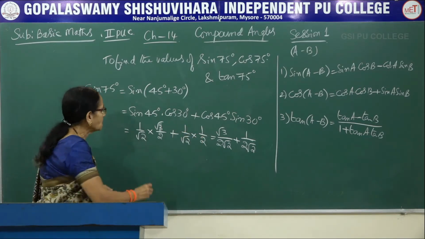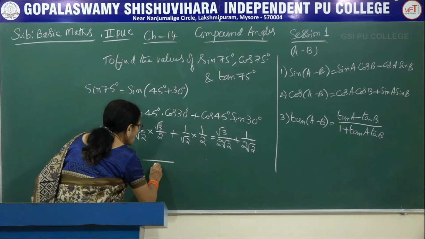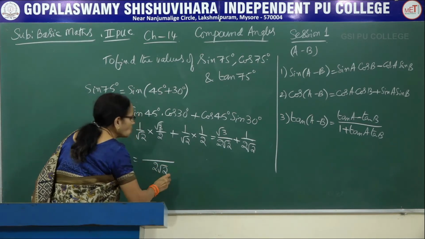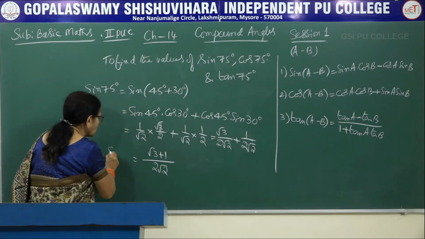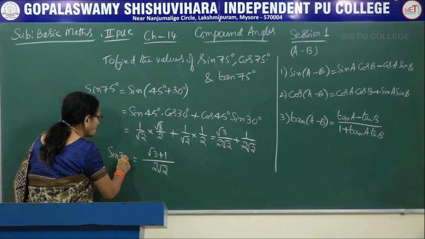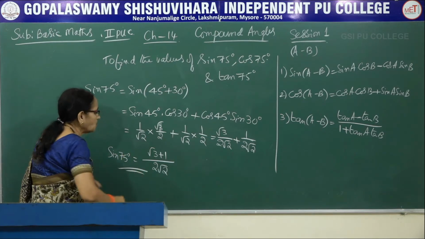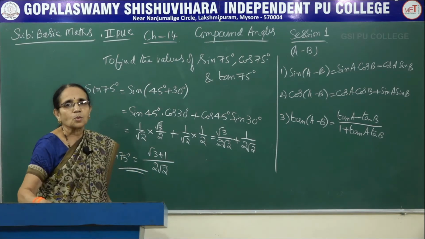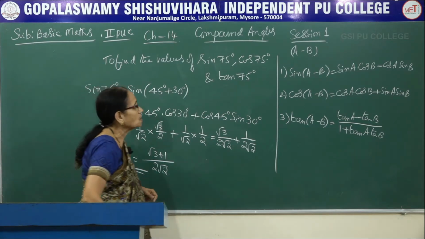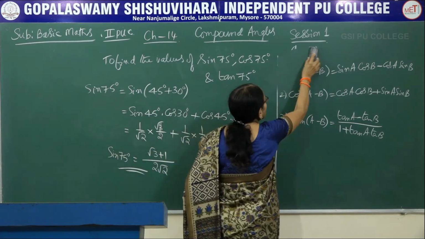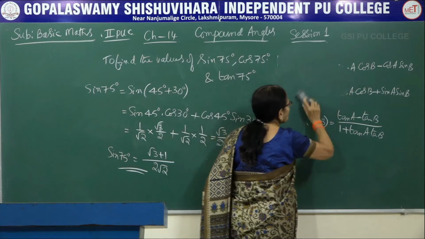Now look here. This can be written as root 3 divided by 2 root 2 plus 1 divided by 2 root 2. Now you observe, it is the sum of the 2 fractions, and the denominator is common, which becomes the LCM. So the denominator is 2 root 2. What is the numerator? It is root 3 plus 1. Now this is the standard value. Sine of 75 degrees is equal to root 3 plus 1 divided by 2 root 2. Now this derivation you can expect for a 2-mark question.